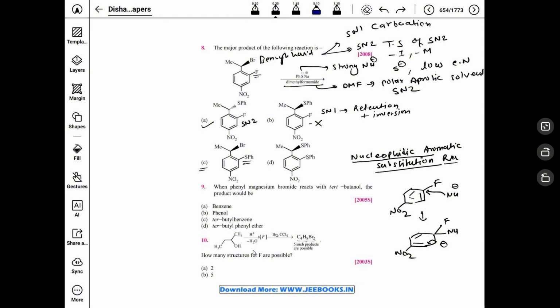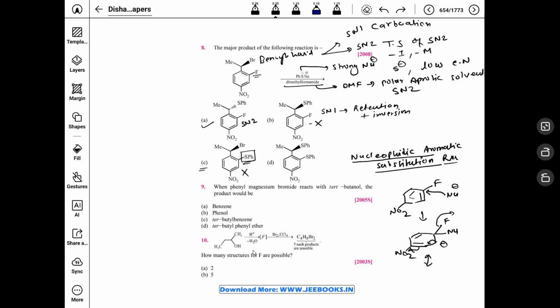So it goes here and then follows up. In this way, you can draw the resonating structures. After that, this fluoro goes away and the nucleophile comes. So this is possible if nitro was at the para position, but in this case, it is at the meta position, so it is not stabilizing the negative charge. Therefore, substitution only at this position is not possible.